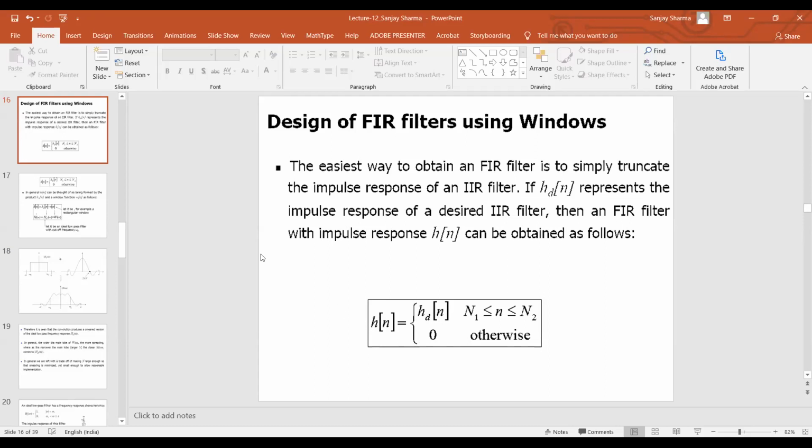What is h[n]? h[n] is the impulse response of the FIR filter, because from n1 to n2 only the response exists. hd[n] is the impulse response of the IIR filter, which is an infinite impulse response. So we are given hd[n], which is infinite impulse response, and we have to get h[n] out of hd[n].